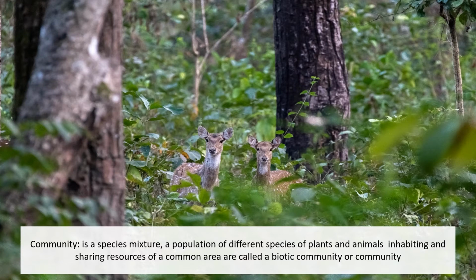They inhabit the same region, they share the same resources of a common area, and such a community, or a mixture of these species, is called a biotic community or a community.